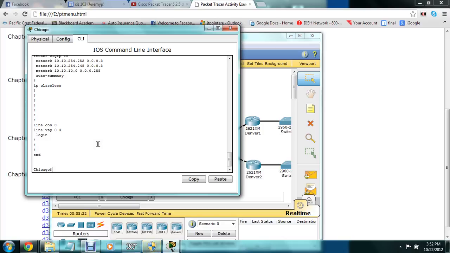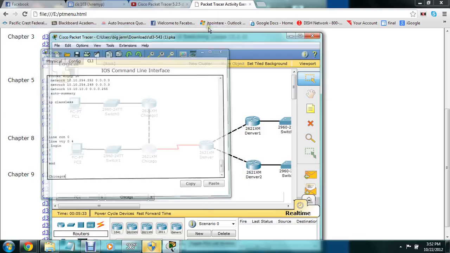So the Chicago router is configured with, like I said, an autonomous system number of 10, which showed up there under router EIGRP 10. And so then we'll go and try this again on another PC here.